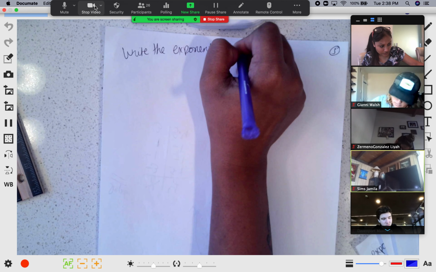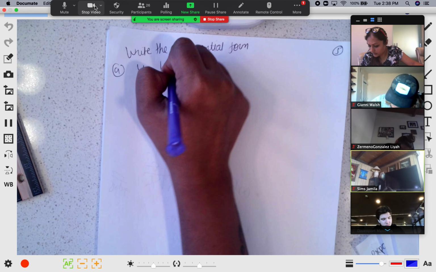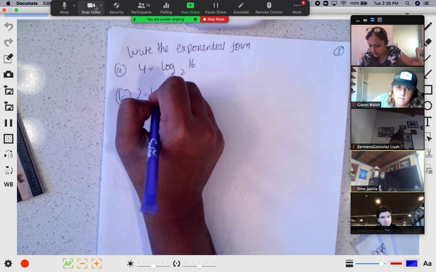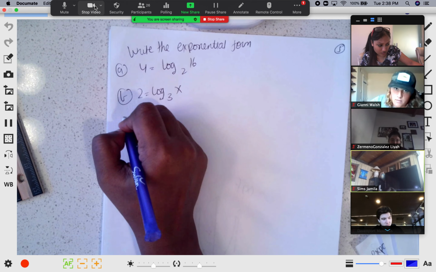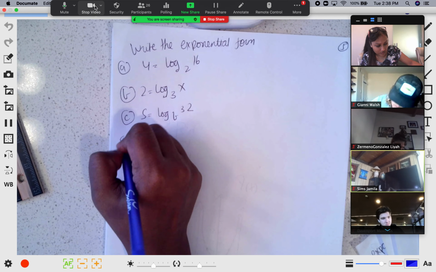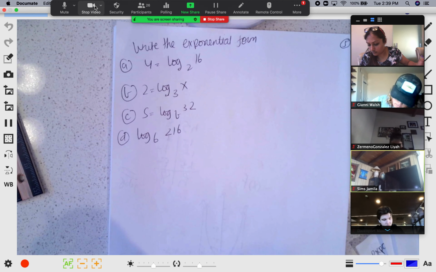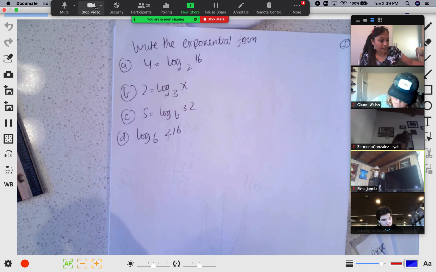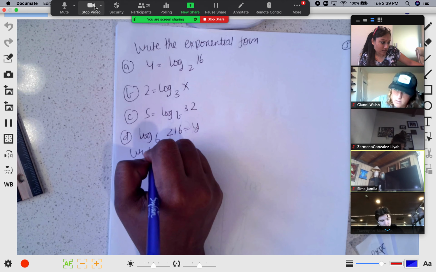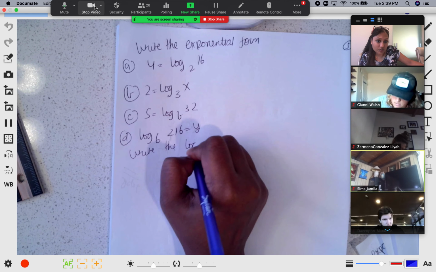A: log 216, is equal to 3x is equal to 32, 16 is equal to 8.